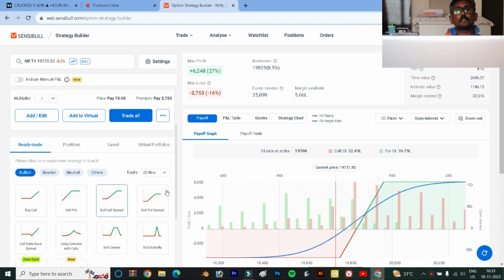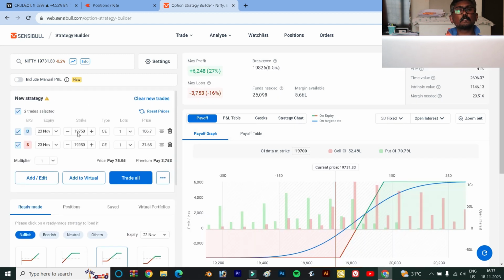I have already taken one here. This is the bull call spread. If you want, you can select this.